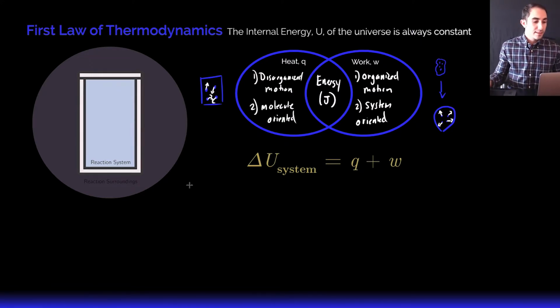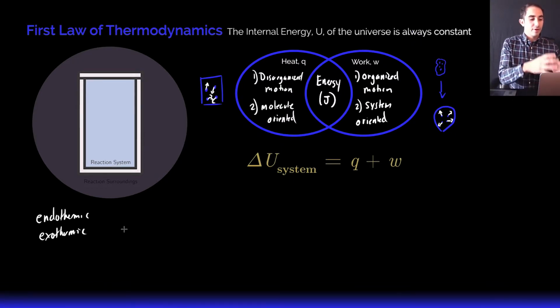So when it comes to heat, you can either have an endothermic or exothermic change. And so I'm going to use this diagram up above to kind of explain this. So if you think about where the chemistry is happening, this is always going to be your reaction system.